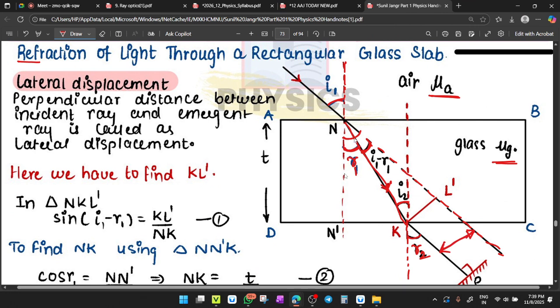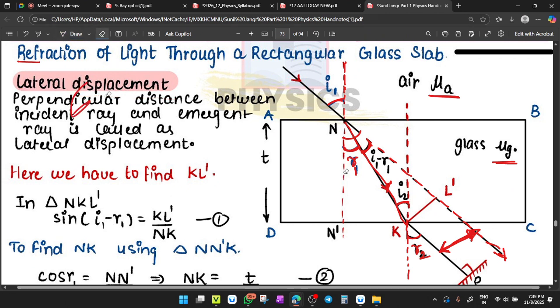The direction of the incident ray is this one, and the light is laterally deviated from the direction of the incident ray. This displacement is called lateral displacement. This distance KL dash is called lateral displacement, and here we have to find the amount of lateral displacement. Got it?